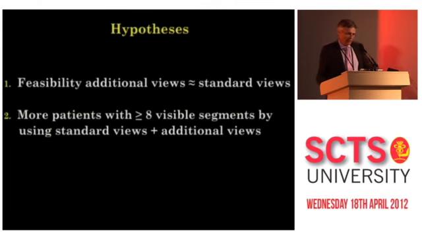We hypothesized that the feasibility of the additional views is similar to that of the standard views. And then we also hypothesized that with this 9-segment model, the additional views will help to obtain 8 or 9 segments in a patient when compared to the standard views alone.